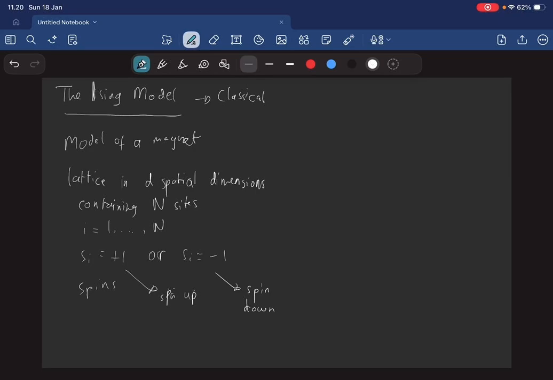The collection of spins has energy E equals minus B sum of s_i minus J sum over <ij> of s_i s_j. The first term arises due to an external magnetic field B that we impose on the system.